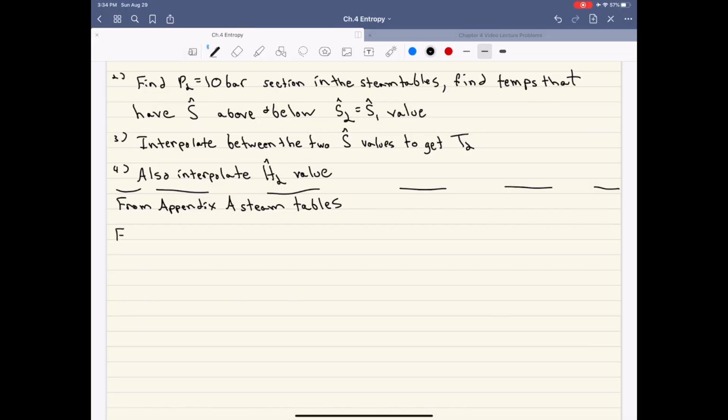So for the inlet steam, H1 is going to be equal to 3,422.2 kilojoules per kilogram, and S1 is going to be equal to 6.8803 kilojoules per kilogram Kelvin.